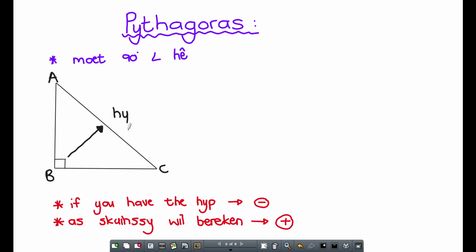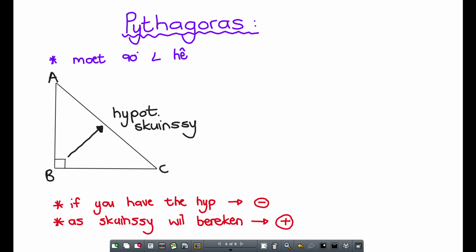So this will be my, I can't write the word, I don't know what spelling is. So I'm just going to say hypot. It's the hypotenuse. Nee? Afrikaanse mense, ons noem hom my skynsy. En jou skynsy is altyd ook die langste sy. Your hypotenuse will be the longest side of that triangle.